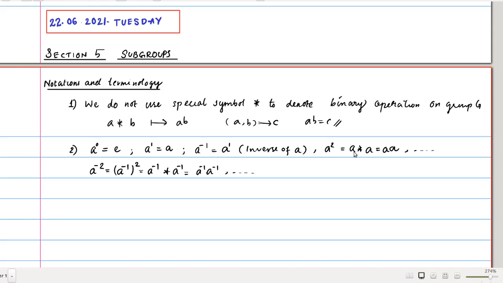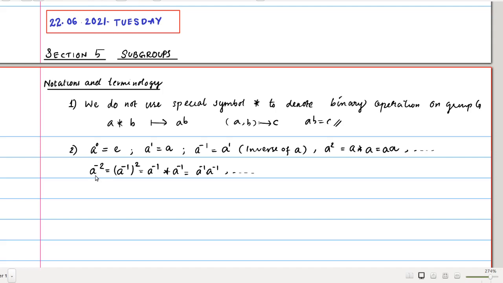And a square is a star a, or we can write aa, two times, with the first convention. Similarly a cube means aaa, a star a star a, three times.